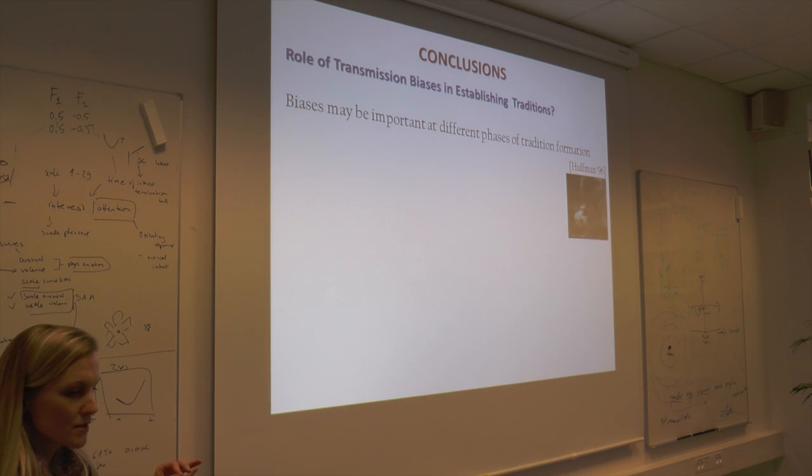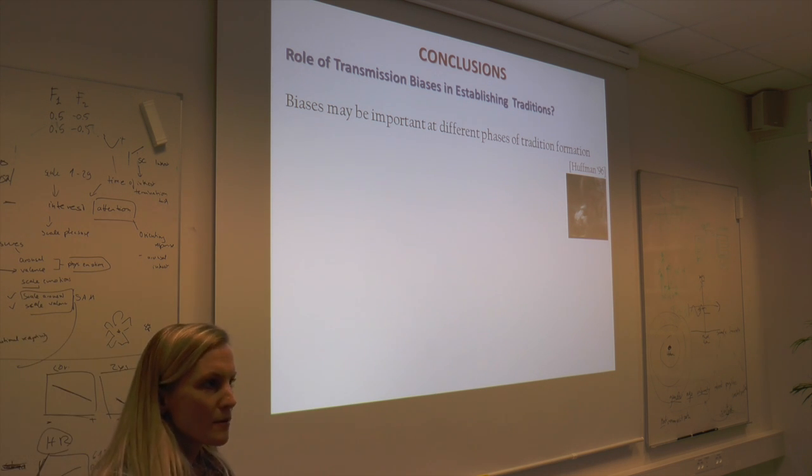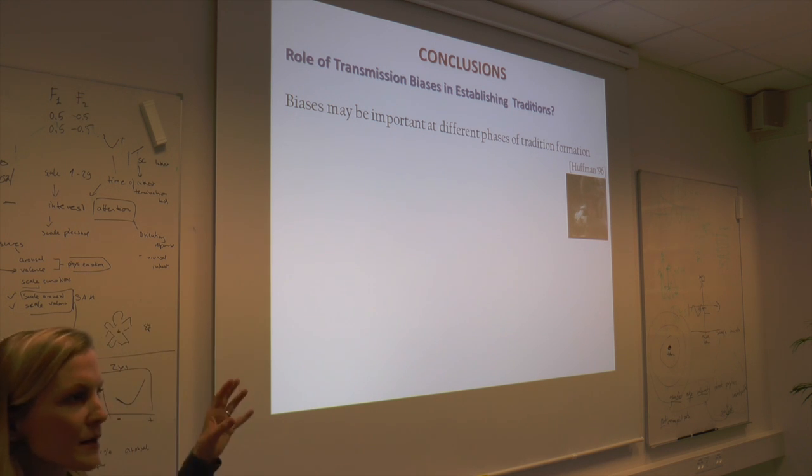So I want to just briefly talk about something that I alluded to earlier: different transmission biases might actually be important during different phases of transmission. Michael Huffman, who talked about playing with stones in Japanese macaques, all these different traditions, has established different phases.